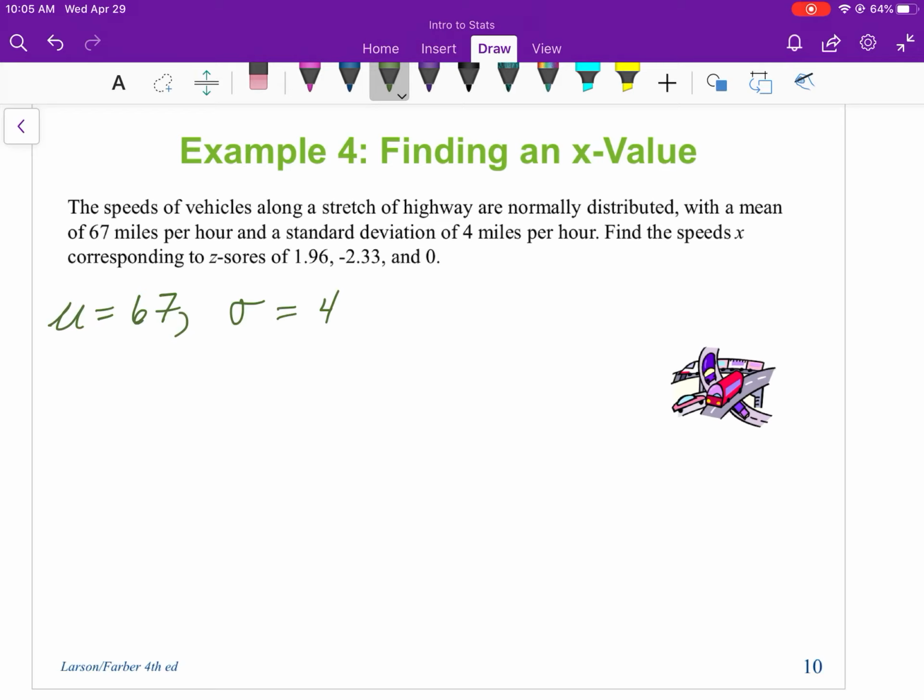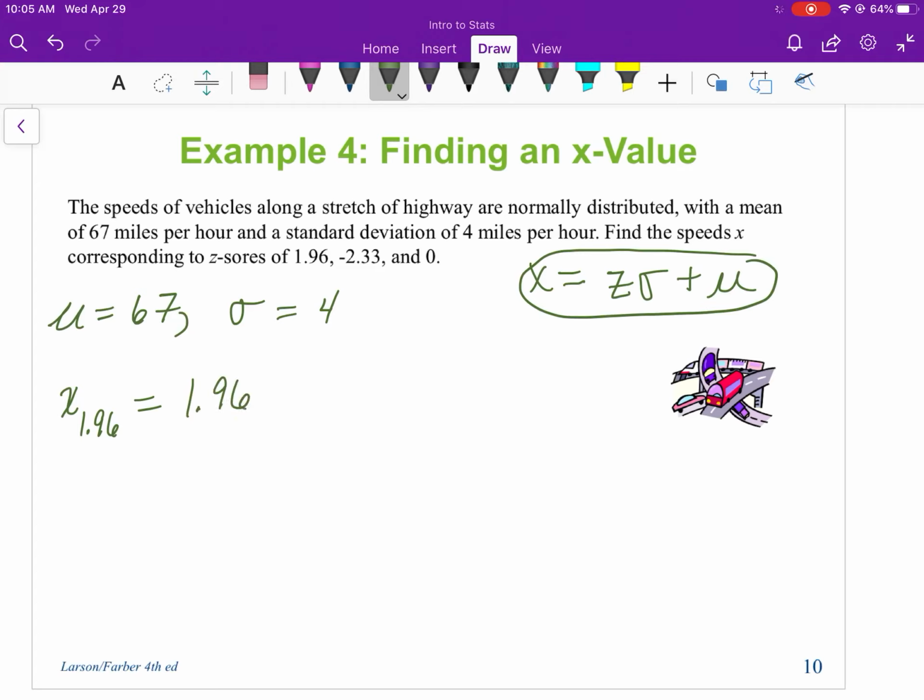I'm just going to use some subscripts here. x of 1.96 equals, remember, z times the standard deviation plus the mean. So x is our z-score, 1.96, times our standard deviation plus our mean.